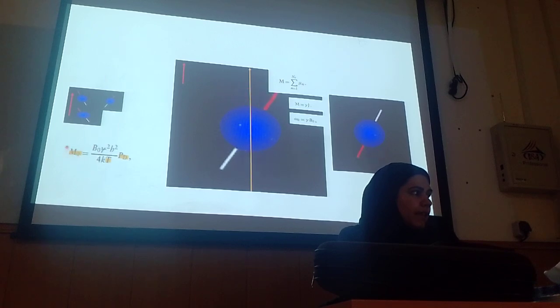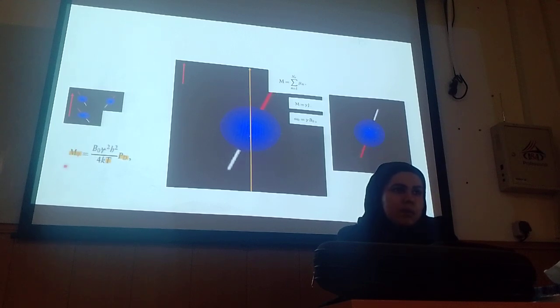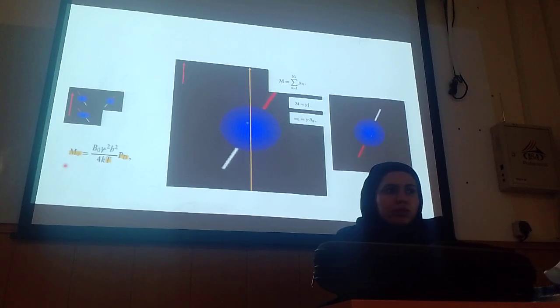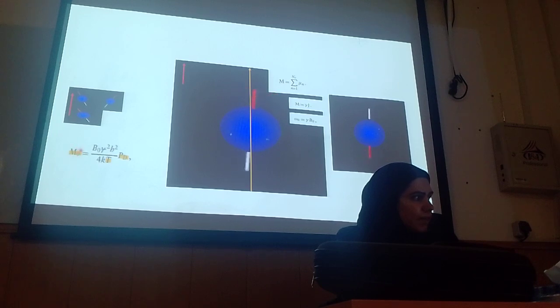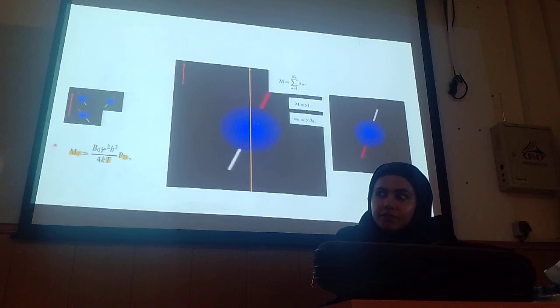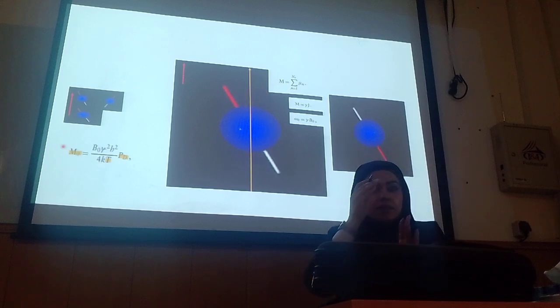As I told you, we have signal in the loop originated from the oscillating energy. The magnitude of current is proportional to the magnitude of, look at the screen, the magnitude of induced current is proportional to the magnitude of final magnetization, the summation of mu.